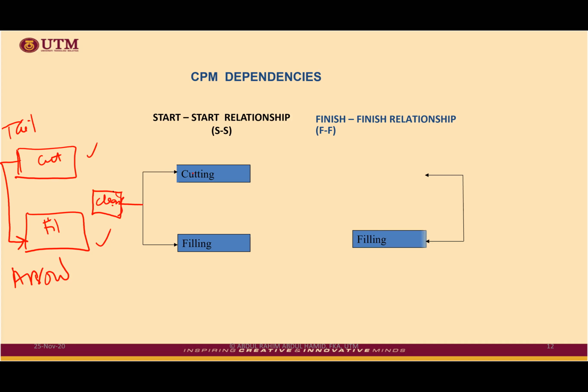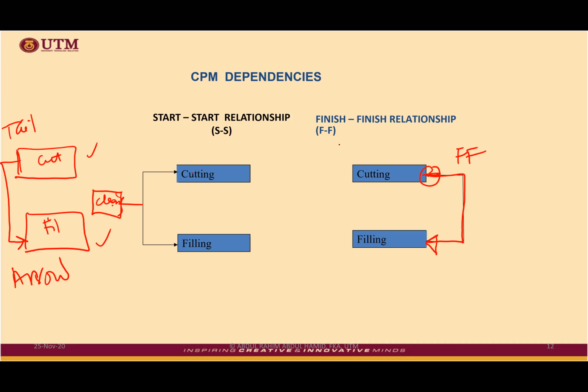Then finish to finish. Again, we can use the same activities, cut and fill. We want to synchronize in terms of finishing, because if we draw something like this, there could be something wrong, since two arrowheads are there. We can draw this line going into that, with one arrowhead. So finish to finish means at the same time.